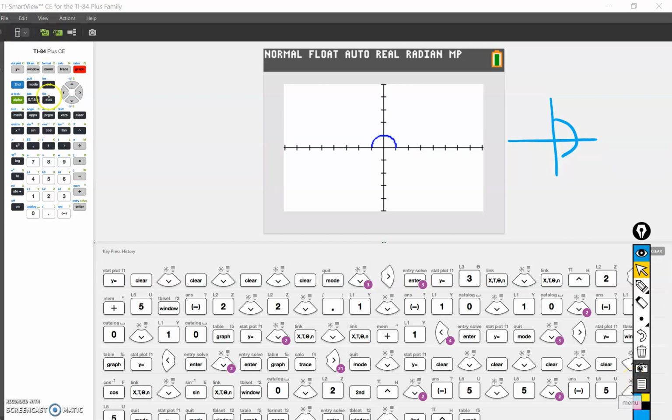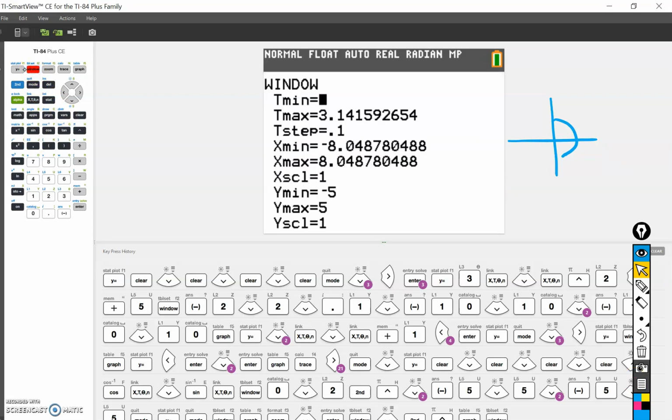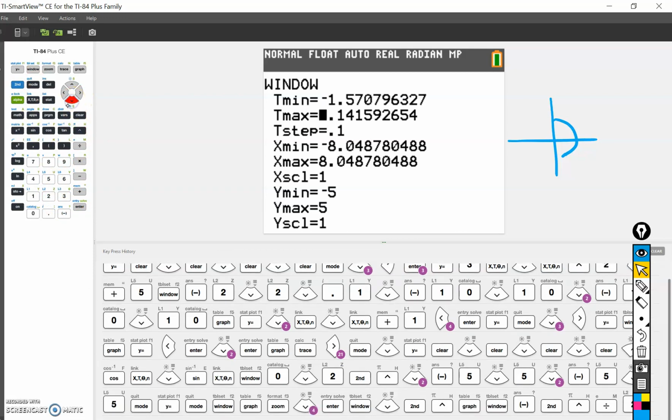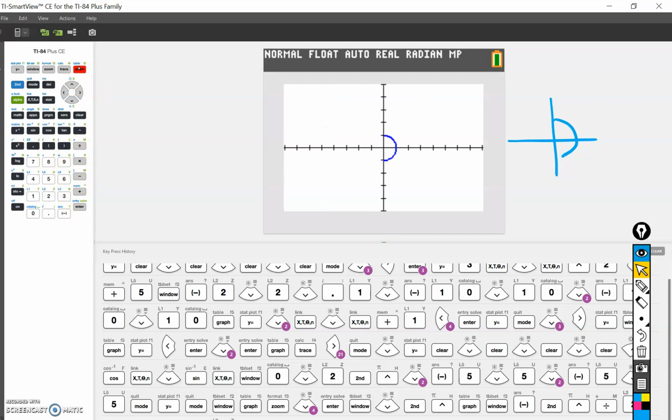So I'm going to go to the window, and I think I'm going to try negative pi over 2 to pi over 2. Let's see what happens. There you go.